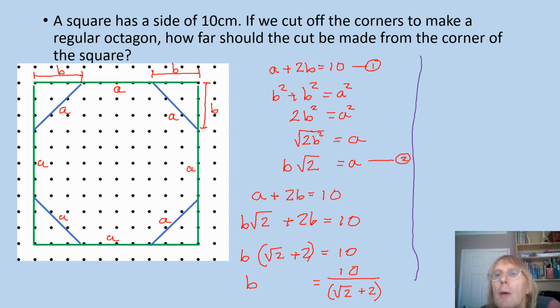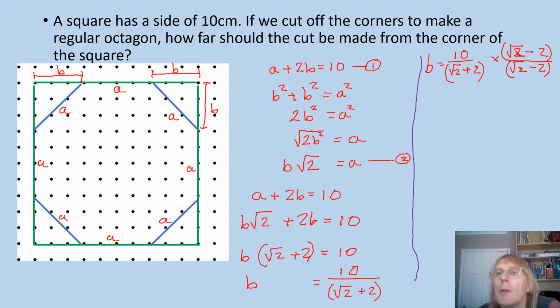So what we'll have is B equals 10 over root 2 plus 2, and we're going to multiply that by root 2 minus 2. I'll put them in brackets so we can see what we've got.